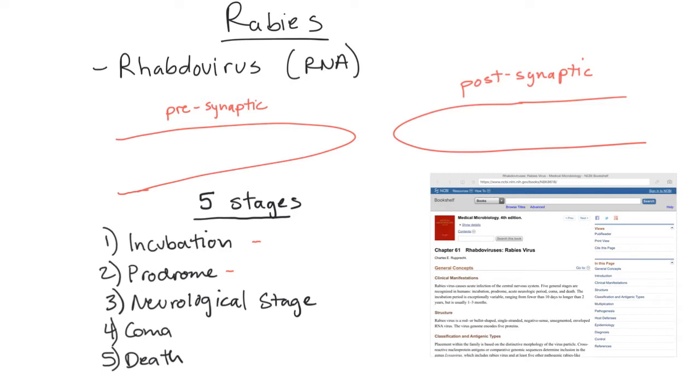One of the characteristics of rabies: it's a Rhabdo virus, which means it's a single-stranded RNA virus. It is able to infect through neurons, through the synapse. So this is our synaptic cleft.